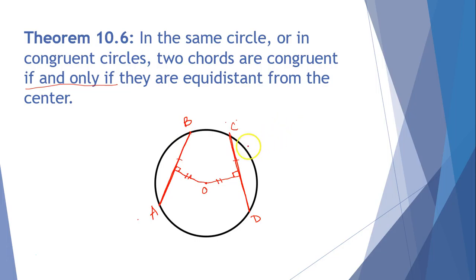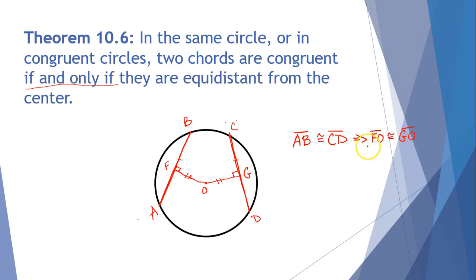So I'm going to write this in terms of what letters we have here. If we know that AB is congruent to CD, then, let's give this another name, GF, we should know that FO is congruent to GO.